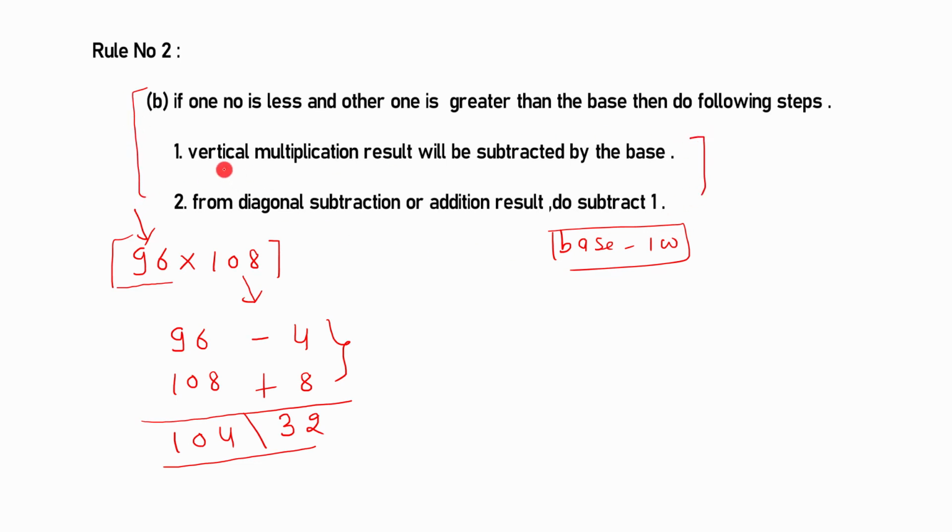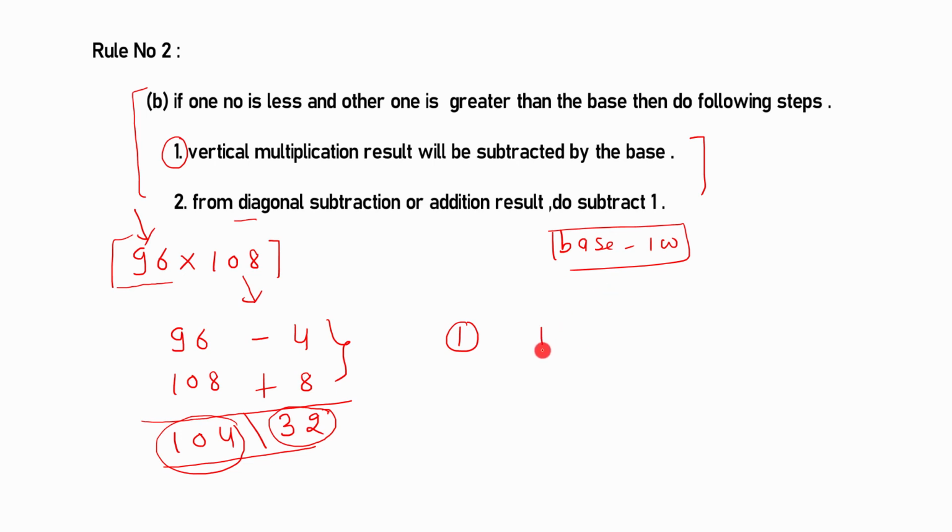We have to do it in 2 steps. The vertical multiplication result will be subtracted from the base. So 32 is the result of the vertical multiplication and 104 is the diagonal result. First step, we subtract 32 from the base.